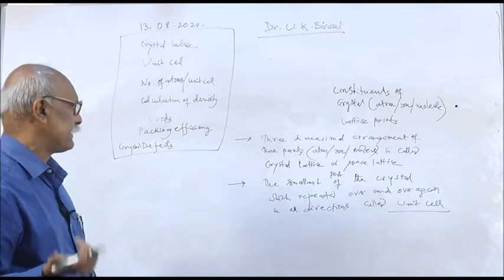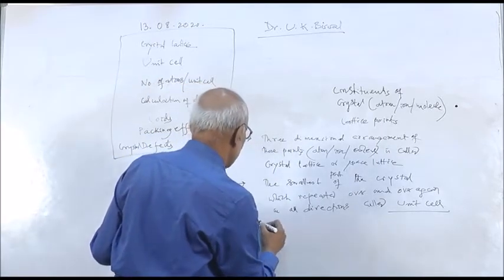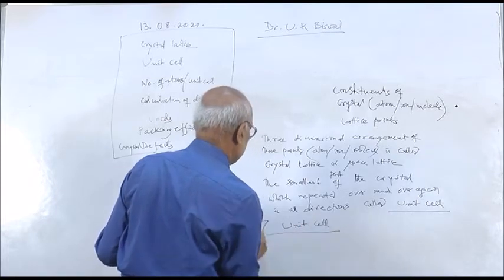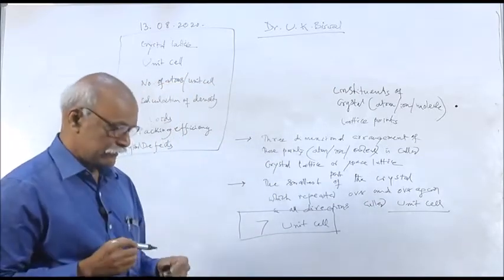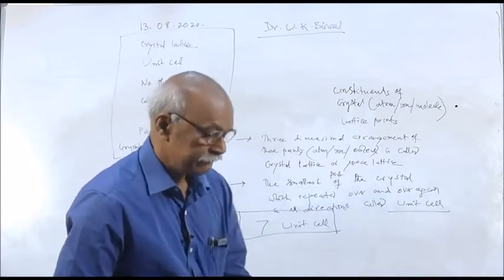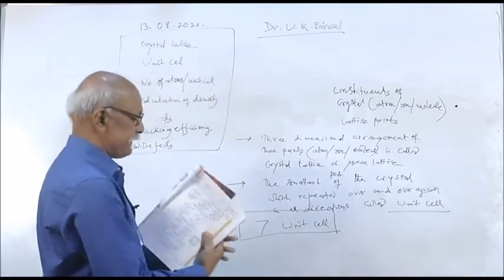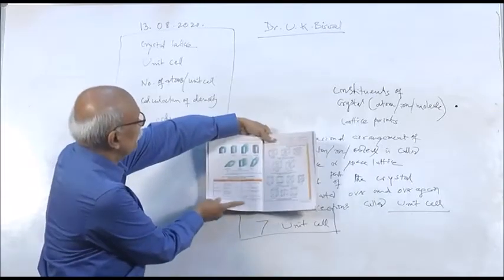Similarly, there are 6 other types of unit cell. I shall show you the diagram. You remember there are 7 types of unit cell involved in the arena of crystals or solids. The diagram you can see in the book.